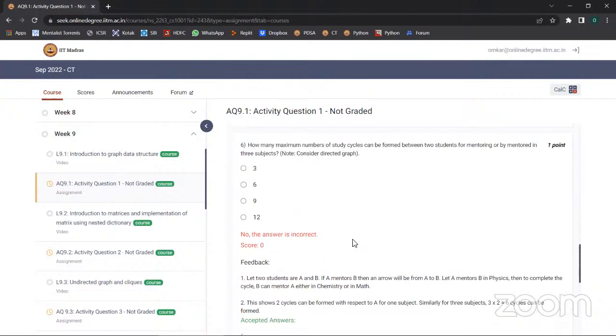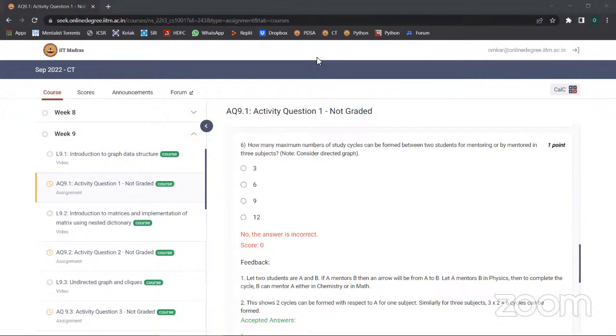Yeah, sure, go ahead. It's the number of choices that we have. For student A and student B, if we directly connect them, then we have 3 options of mentoring. But on the following subject, as the same subject cannot be taught between both students, like A cannot teach B in maths and B cannot teach the same subject maths to A, the number of choices at the second step reduces to 2.